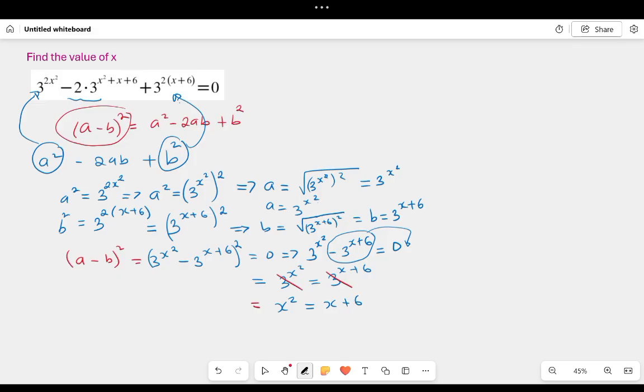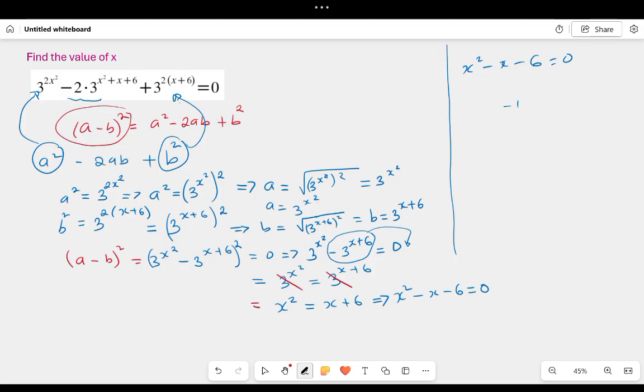Now, I'm very happy that at this point, we have actually formed a quadratic equation, which is going to be x squared minus x minus 6 is equal to 0. Now, our next step is actually trying to solve the quadratic equation. We can do this by factorization by trying to look for two numbers.